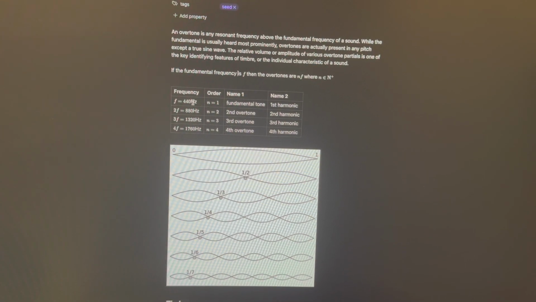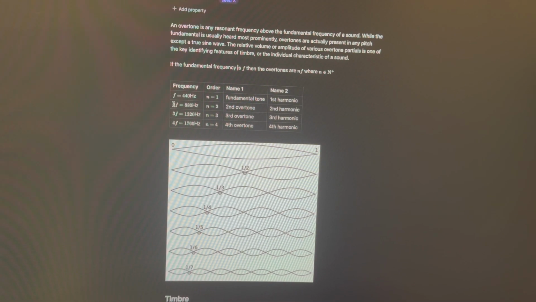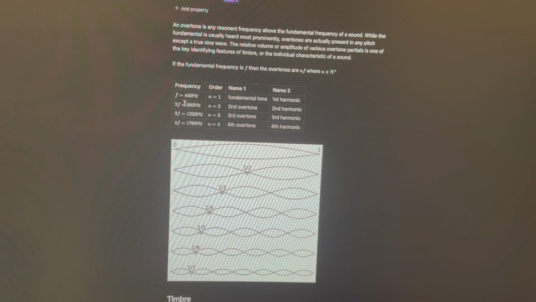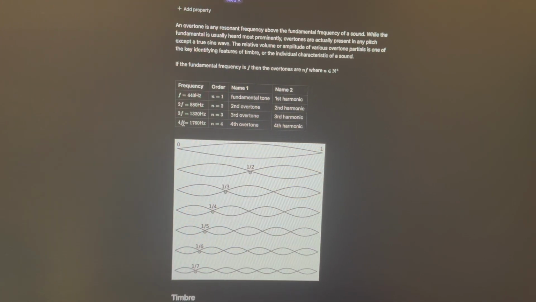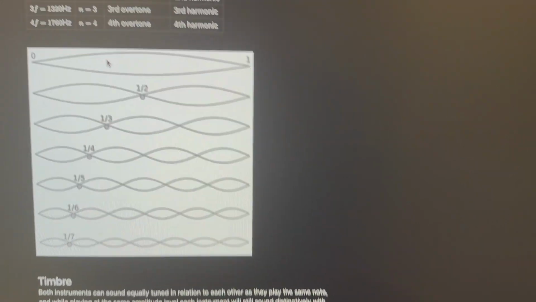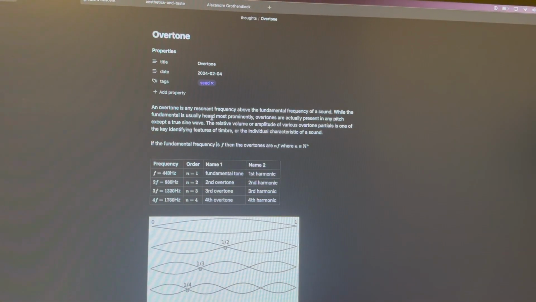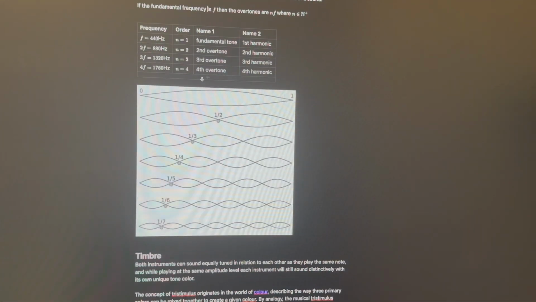So for example, the second overtone is a whole number multiple, times 2 of the base frequency, then the third overtone, fourth overtone, etc. It's pretty funny because it looks like a harmonic series, and it turns out that the harmonic series Wikipedia page also redirects to the overtone page, which is kind of funny.